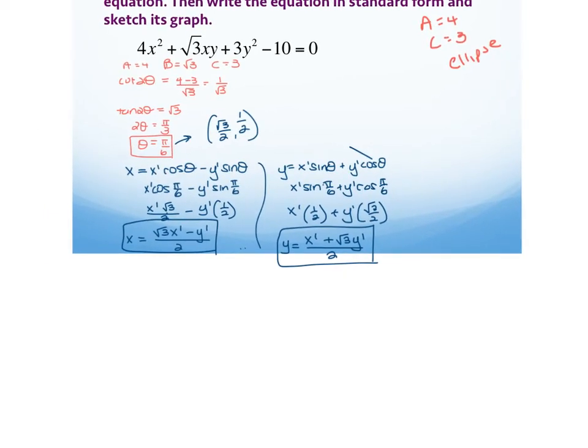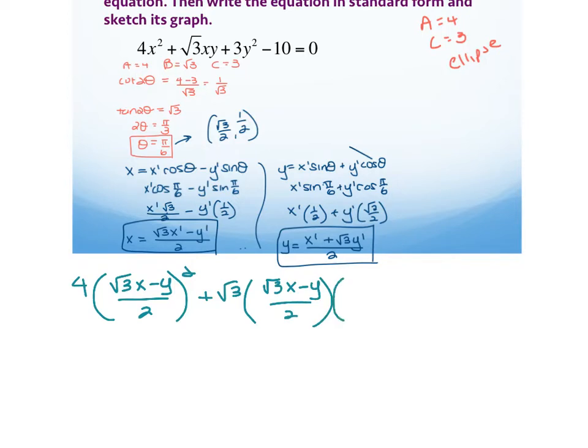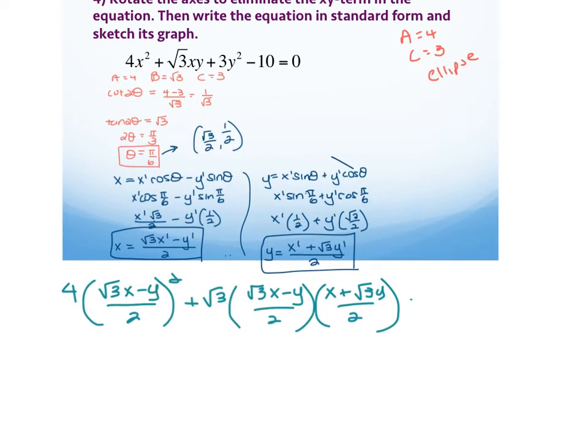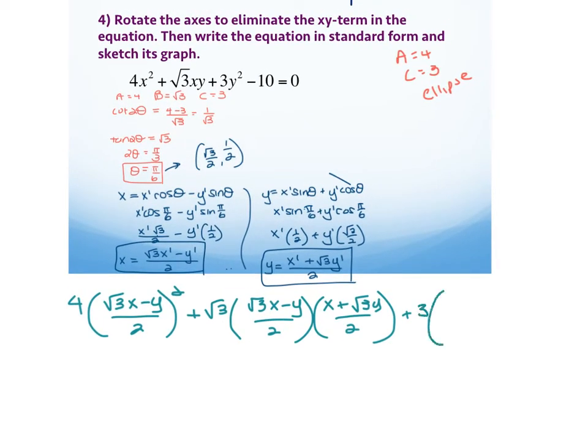So I'm going to get 4 times x squared. I'm going to leave out the primes for now, but you have to remember to put them back at the end. Plus root 3xy, root 3x minus y over 2, x plus root 3y over 2, plus 3y squared, x plus root 3y over 2 squared.